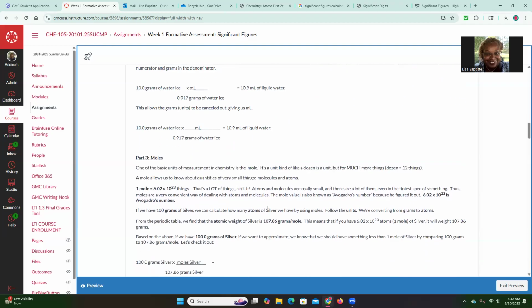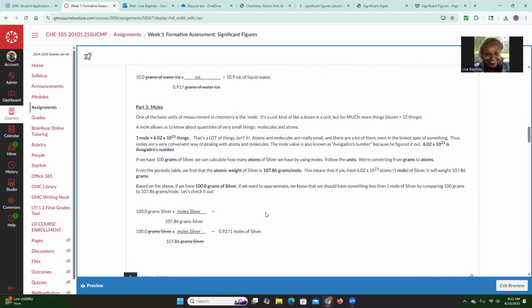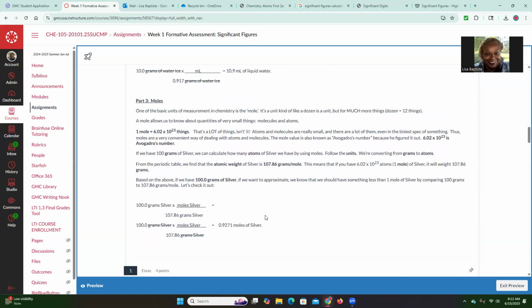So part three deals with the moles. Our mole is not the little cute furry creature, but it is a unit of measurement in chemistry. And a mole has two definitions. One is that the mole is equal to 6.02 times 10 to the 23rd, and we call it things.